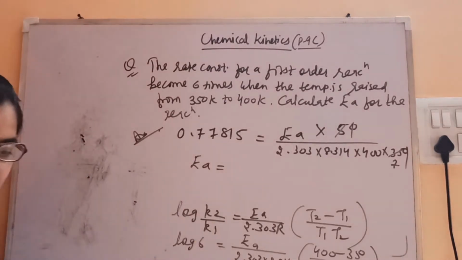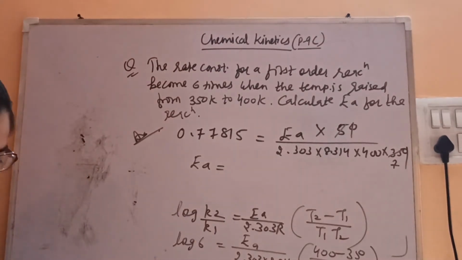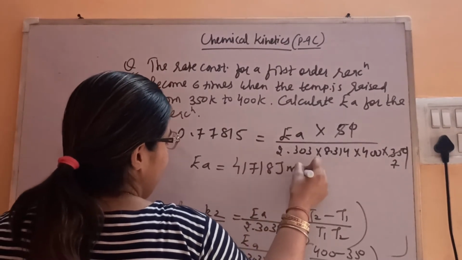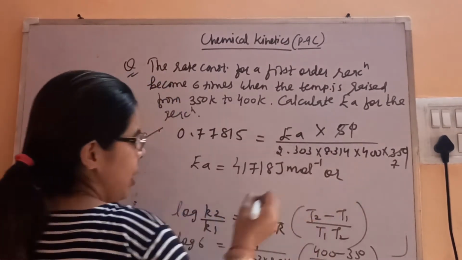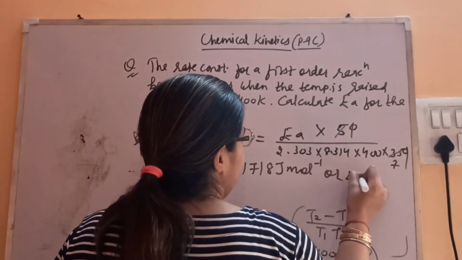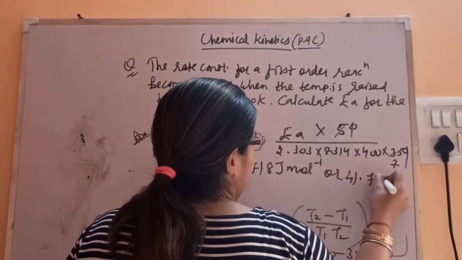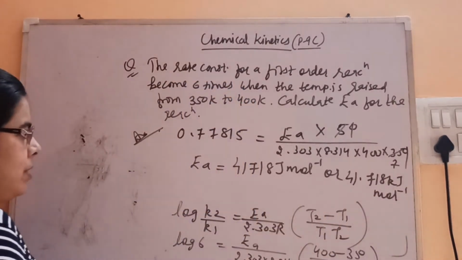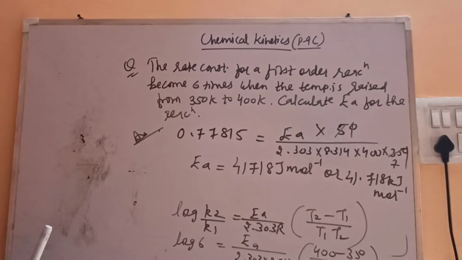That is coming out to be 41718 joules per mole. But you have to report in kilojoules, standard form: 41.718 kilojoules per mole. Just divide by 1000, you will get 41.718.